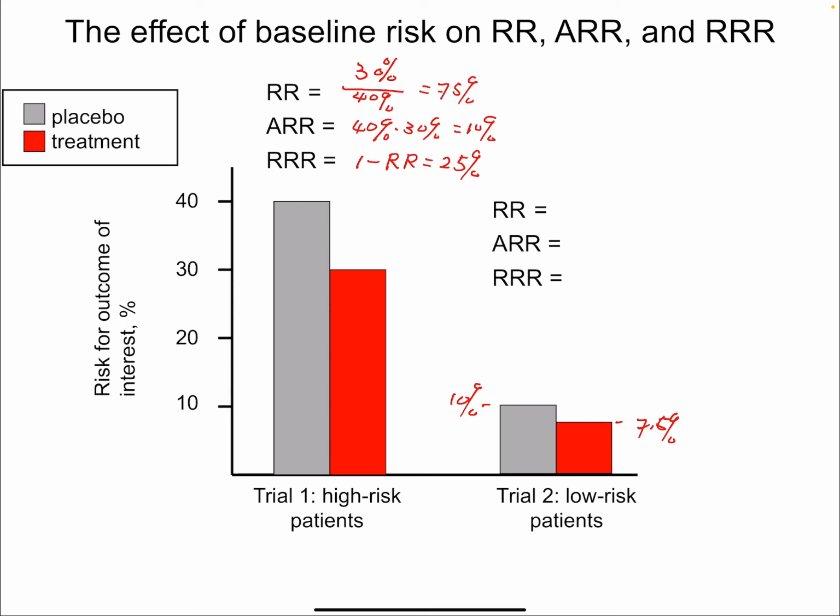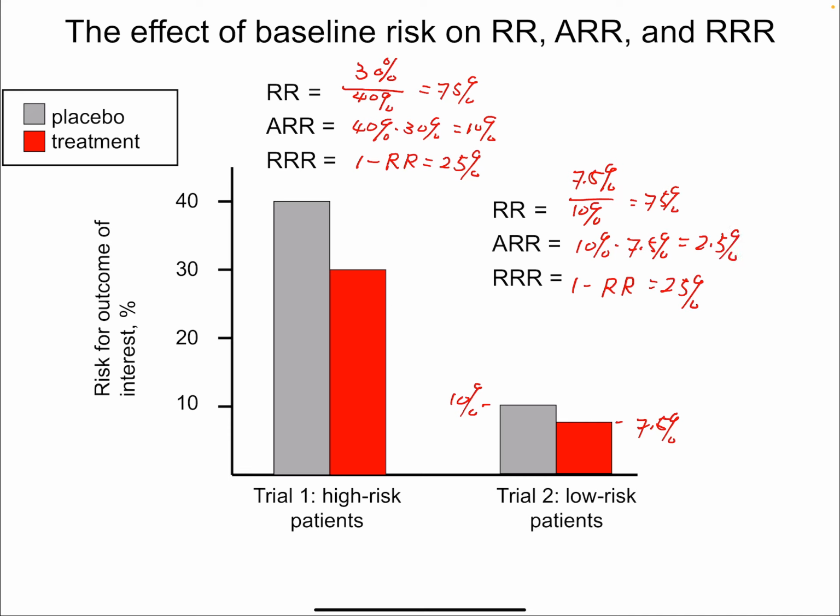The relative risk is the ratio between these two, 7.5 divided by 10%, and this is still 75%. As a result, the RRR is 1 minus RR, it's also the same, 25%. But ARR is different. This equals 10% minus 7.5%, and this equals 2.5%.